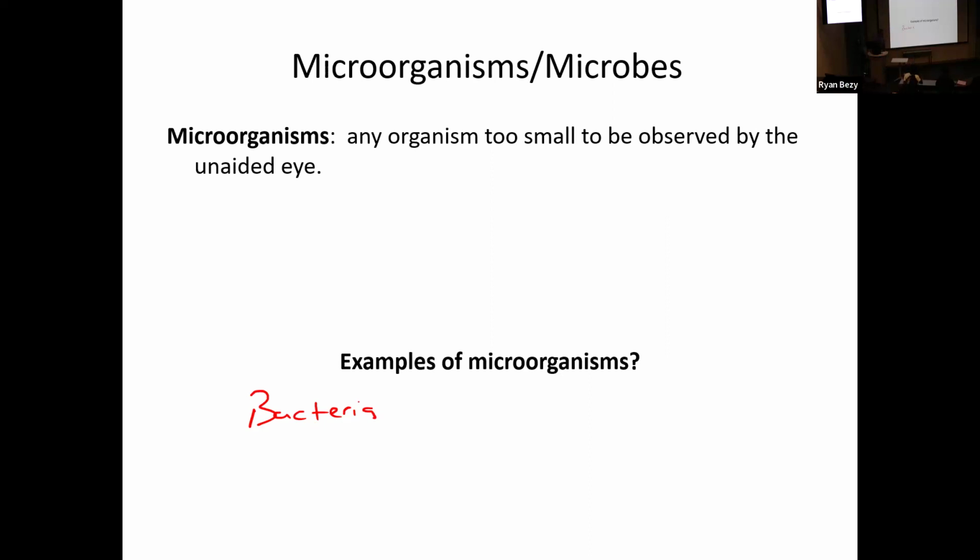So enzymes by themselves can't reproduce, for instance. Enzymes are just part of cells, but we are still talking about cellular organisms. Protists, many protists are microorganisms, but not all, which is something we're going to talk a little bit about. The archaea.